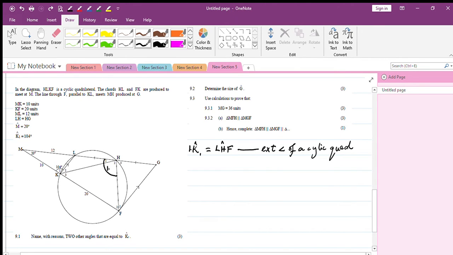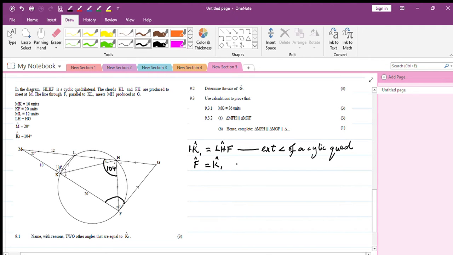Now we need to find the second angle equal to K1. The second angle that will be equal to K1 is the whole of angle F. Why? So angle F is equal to K1.